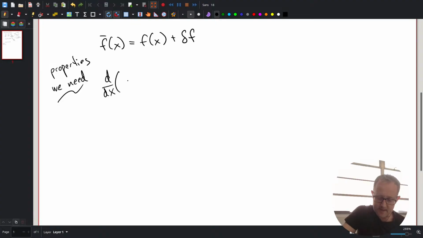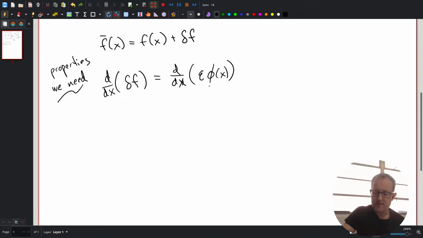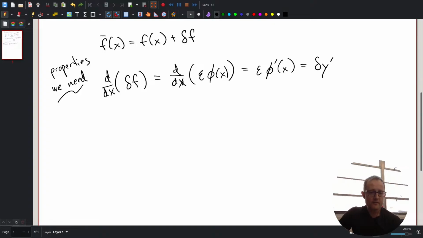If I take d/dx of this delta f, that's the same thing as saying d/dx of epsilon times phi of x, where epsilon was some kind of constant and phi of x was some function of x. So this is the same as epsilon times phi prime of x, or delta y prime. So a derivative of that delta f is a delta f prime.